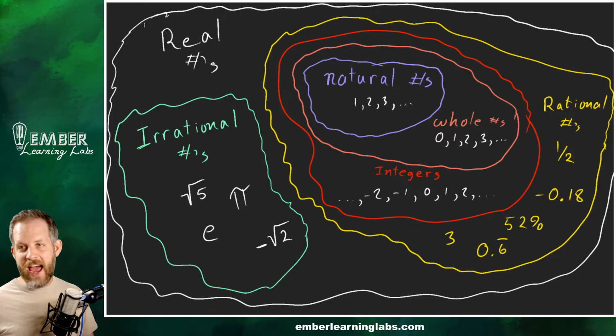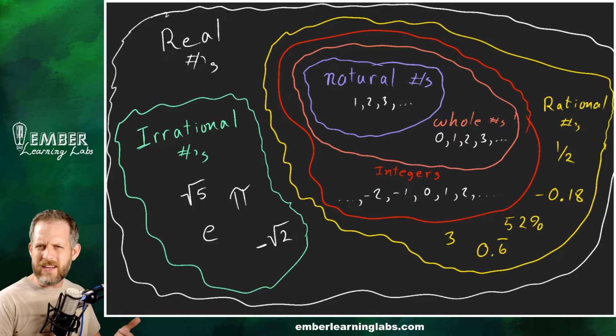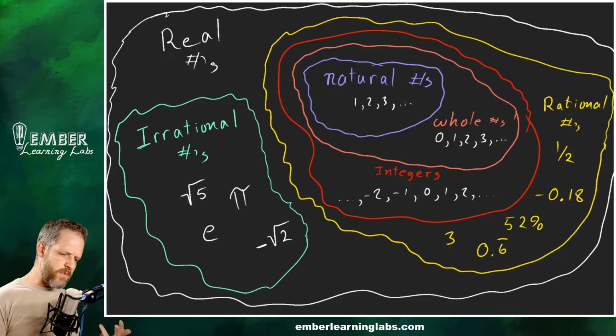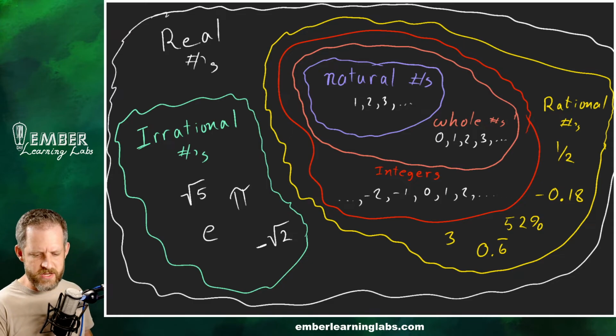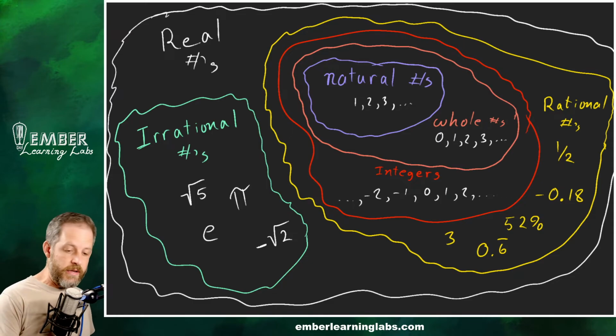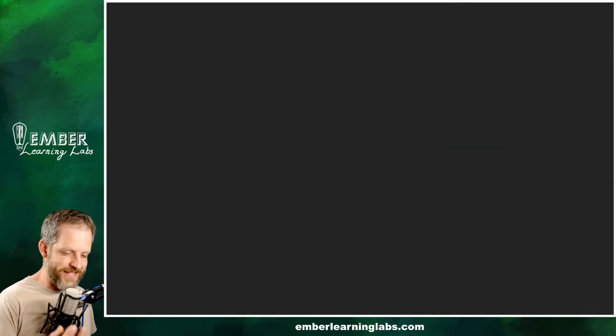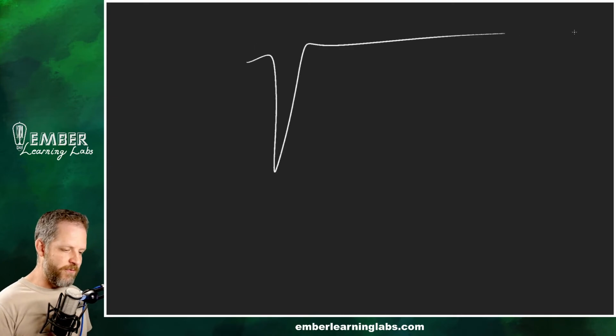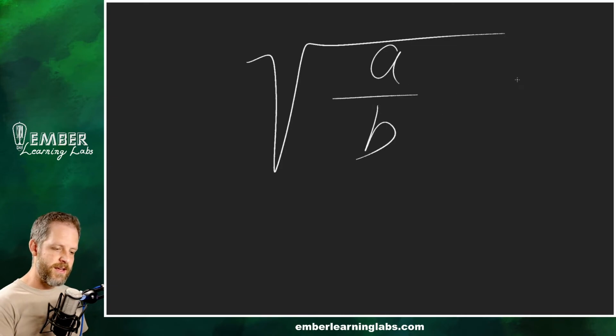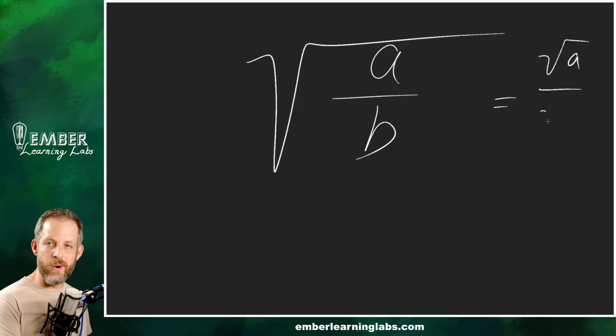We're going to take half a second, really quick, to remind you of something. We mentioned square roots, and we're going to throw this in here because the textbook I'm using puts it here, and it's a fine place to put it. With square roots, if we have the square root of a fraction, let's call it a over b, that's the same as the square root of a over the square root of b.